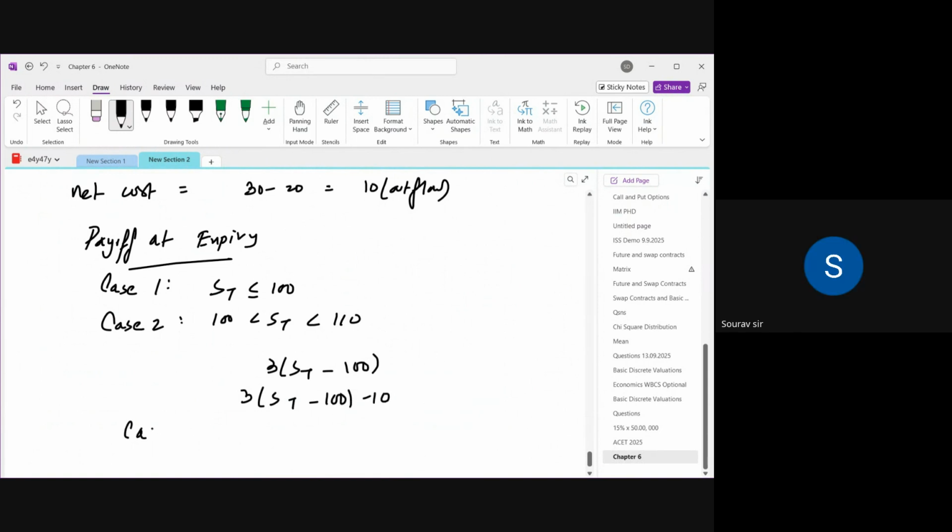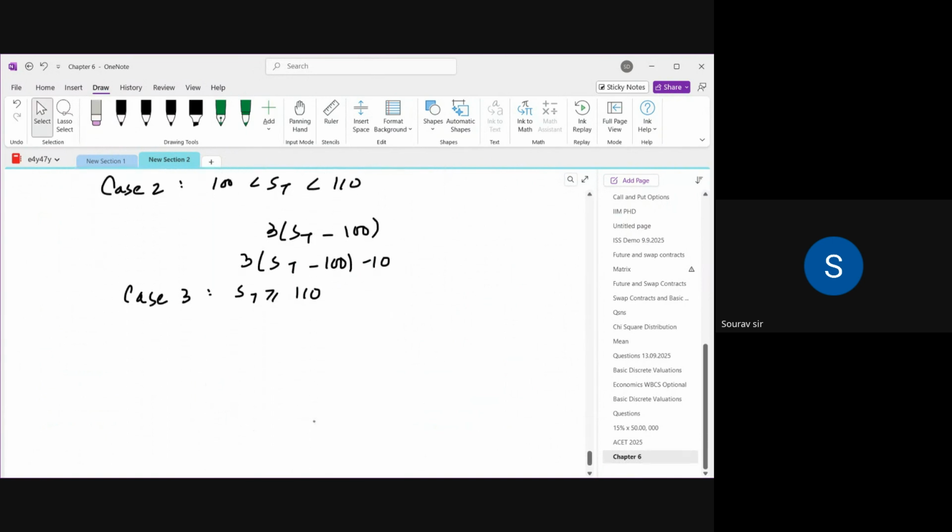And third is case 3, that is ST greater than or equal to 110. So each 100 call payoff is ST minus 100 for 3 calls. The 110 call payoff is ST minus 110 for 4 calls.